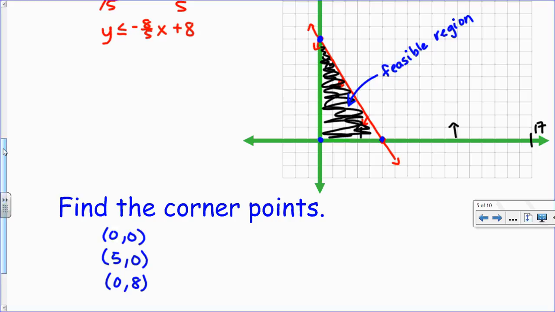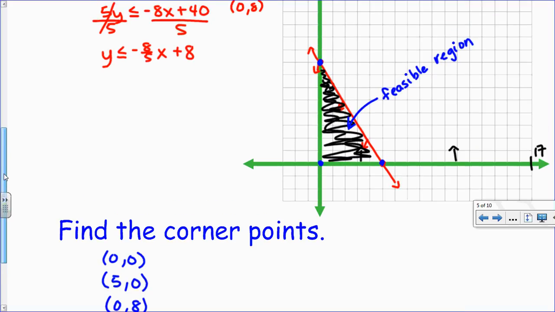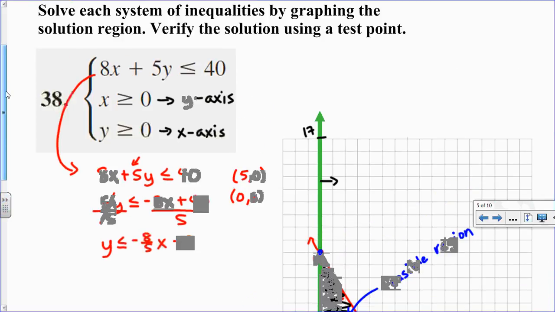So, what we are trying to do is kind of figure out the parts of a linear programming problem. So when we do a linear programming problem, it's a word problem. And we will have to come up with our constraints based on the information it gives us. So we'll have to write these ourselves. We'll have to graph them.